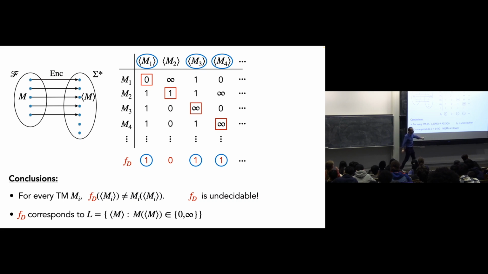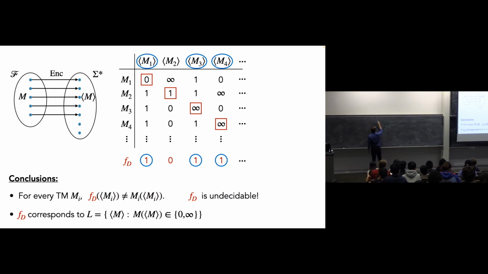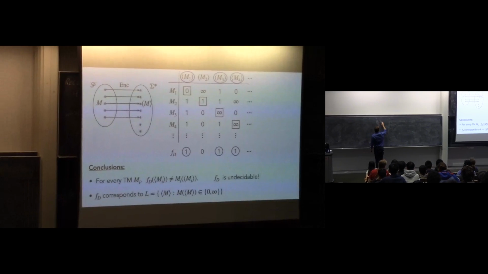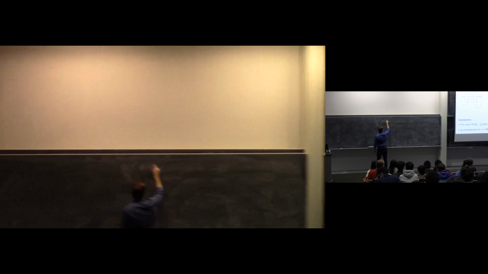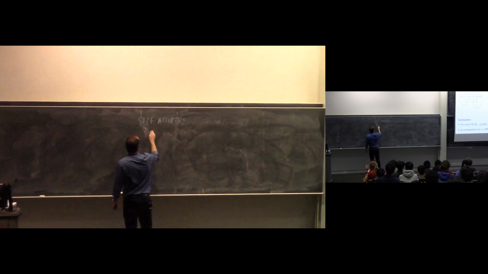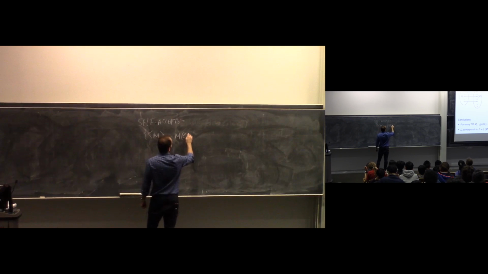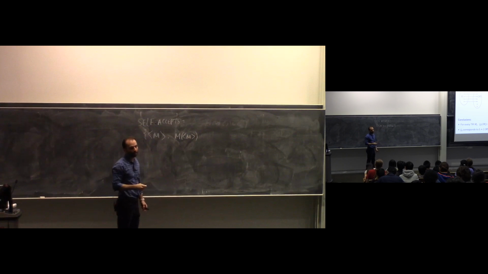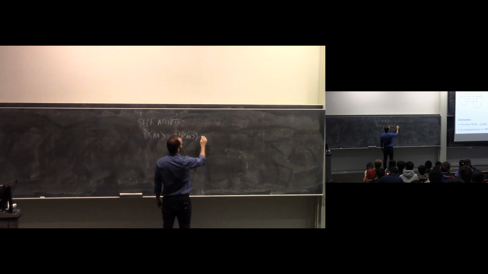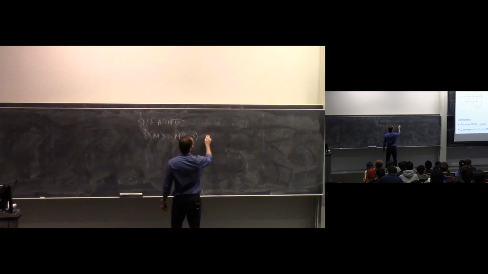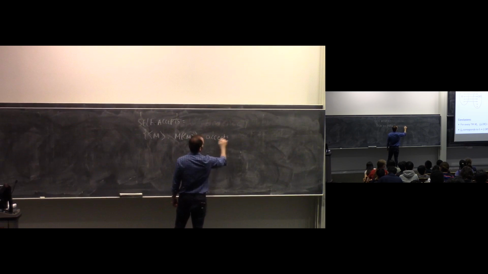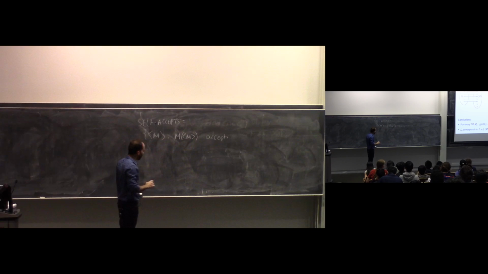This looks very similar to something else that you've seen. What is self-accepts? We had this in the poll. That's the set of all those Turing machines such that M of M accepts. And how can I rewrite that? M of M accepts.